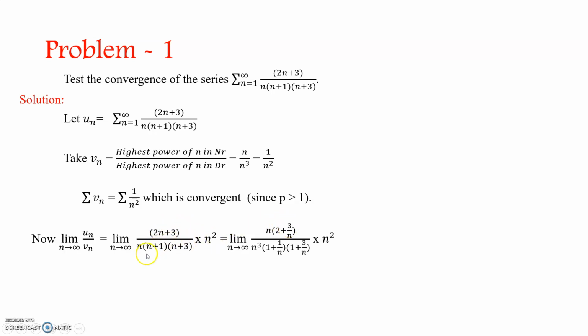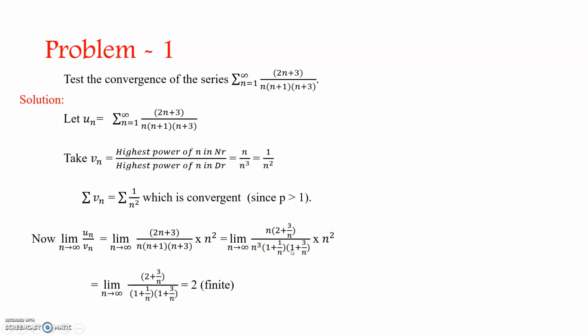In the denominator we take out n from each factor, so totally we have n cube into (1 plus 1 by n) into (1 plus 3 by n). Together with this n square, we cancel one n, and the remaining n square in the denominator cancels the n square.